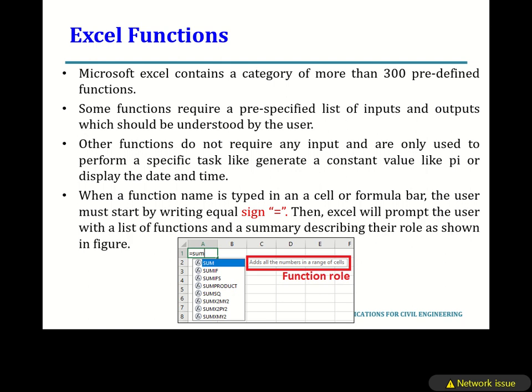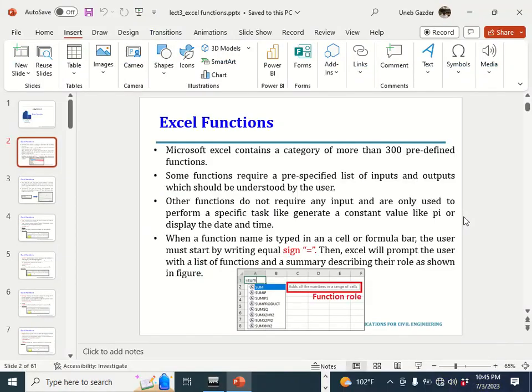Another thing which you can do, so you put equal to sign, and then you see on top of the bars here, let me open my Excel. So you see the formula bar, right? I showed you the formula bar last time.